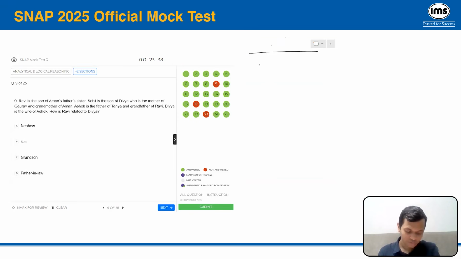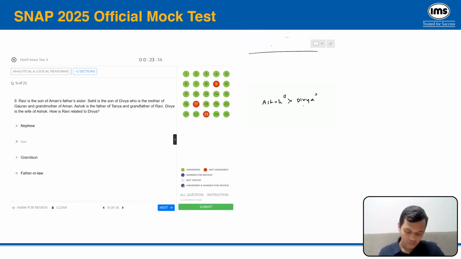Ravi is the son of Aman's father's sister. Sahil, Divya, Aman. Okay, so we have a lot of things going on. Ashok and Divya. Okay, so I'm going to start there. So Ashok is married to Divya.